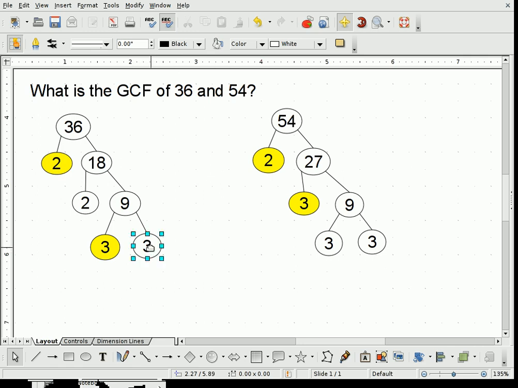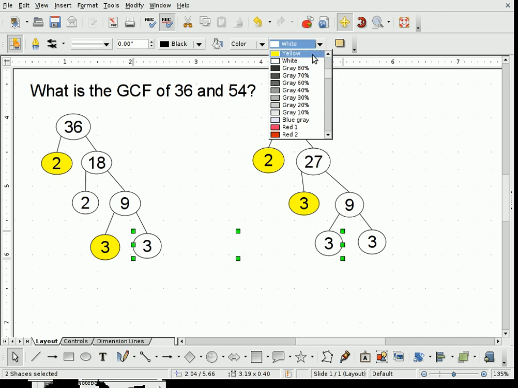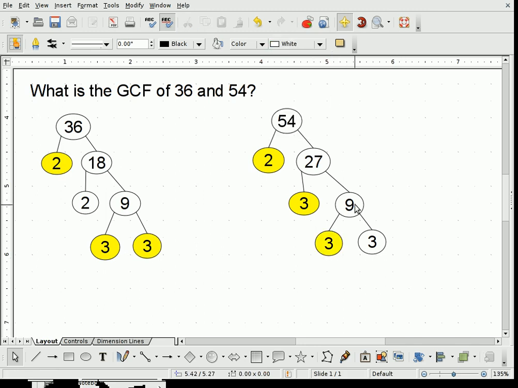We'll pick up this one here and match it up with any of the remaining 3's of 54. We'll just pick this one and highlight it in yellow. The remaining parts cannot match anymore because 36 only has a 2 left and 54 only has a 3 left. 2 does not equal 3. We cannot match those two.